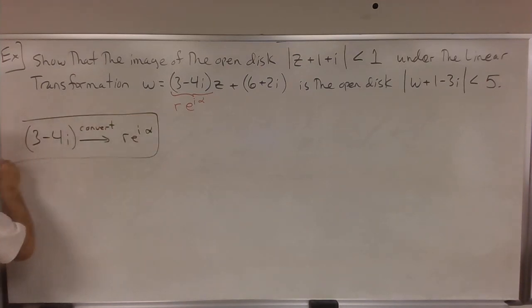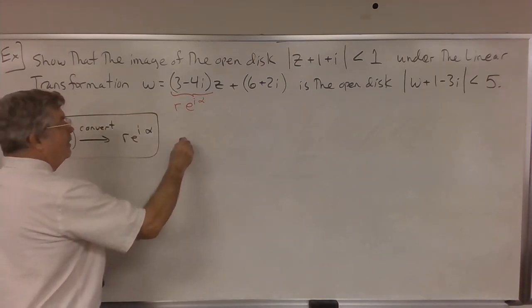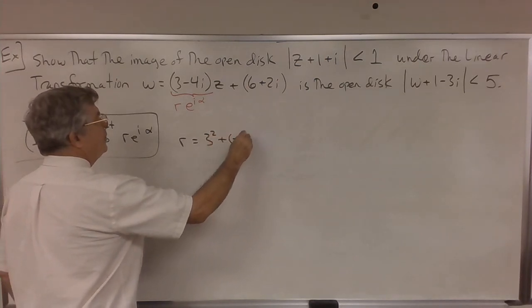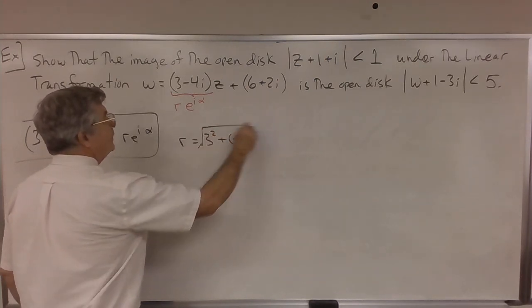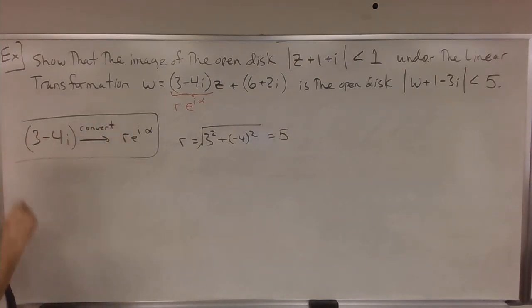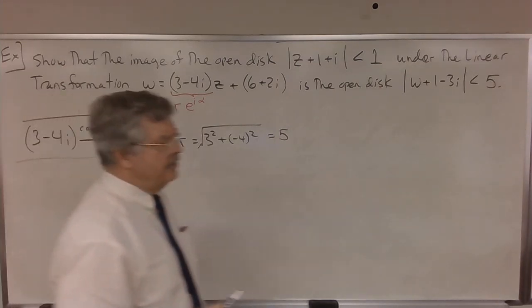That's what I'm doing. So r equals the square root of 3 squared plus negative 4 squared, which equals 5. Well, hey, that looks good. And it sort of supports what we're told.